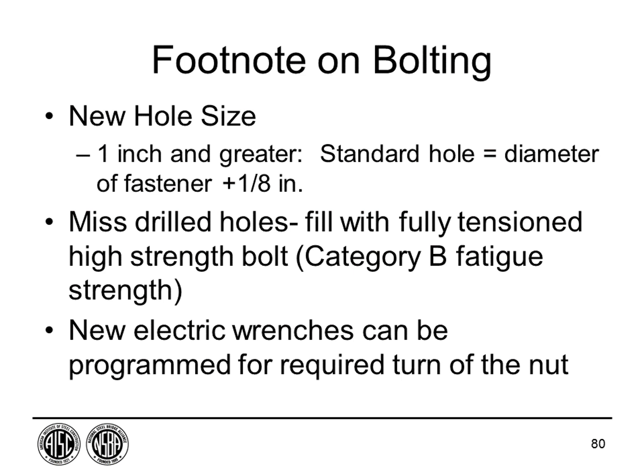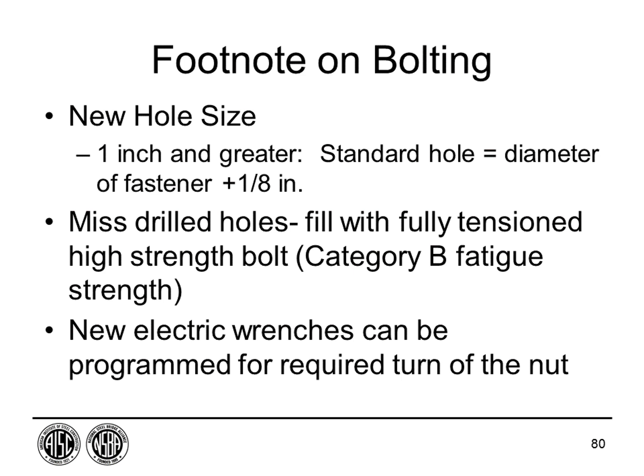It's also about the same oversize that's used in metric bolts. There are some other things to note. Sometimes a hole is misdrilled, or maybe you're doing some kind of retrofit. If you have a hole and you want to correct it, put a bolt in it and fully tension it.